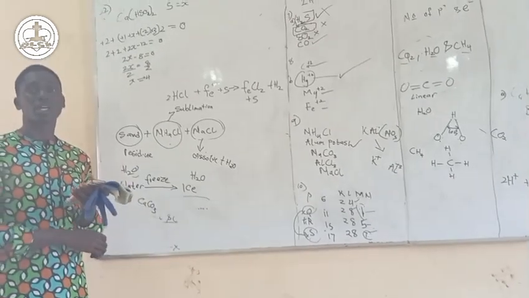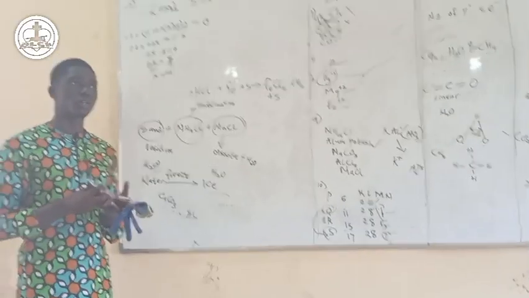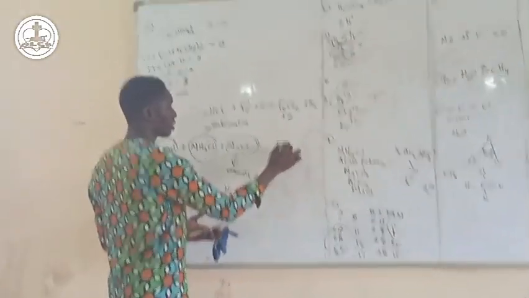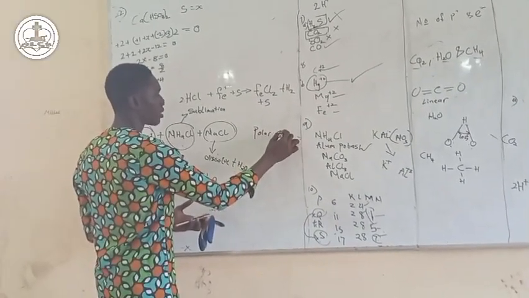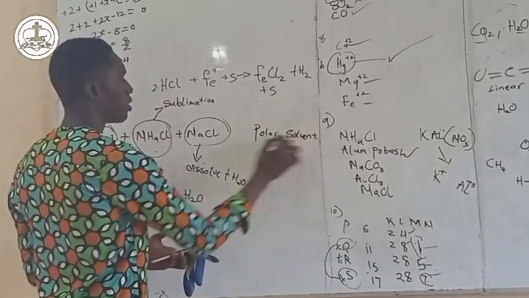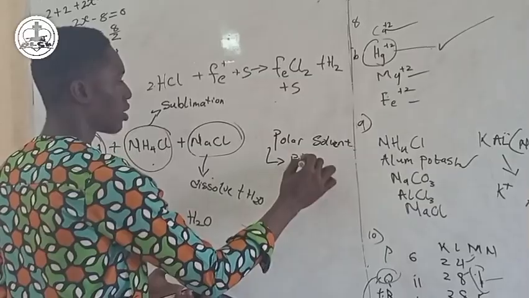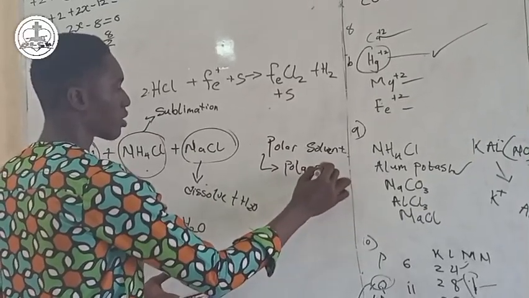Any substance that can be dissolved in water is a polar substance, because a polar solvent would dissolve a polar substance.